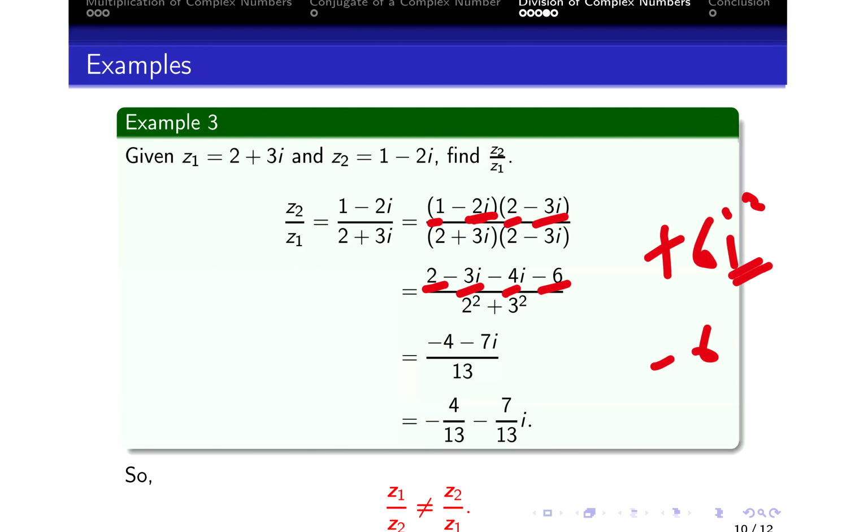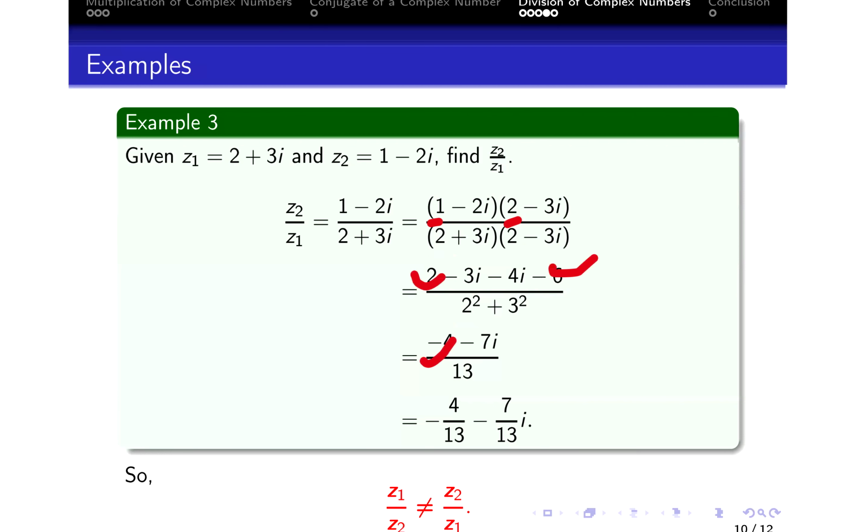And then for the denominator, just say 2 squared plus 3 squared, because when you expand, that's what you get. So now you have 2 minus 6, that's minus 4, and minus 3i minus 4i, that's minus 7i.